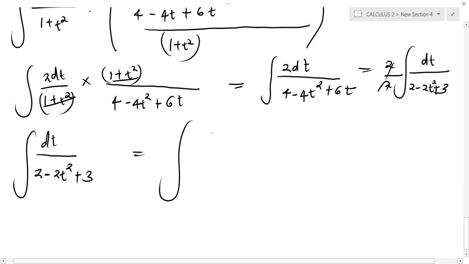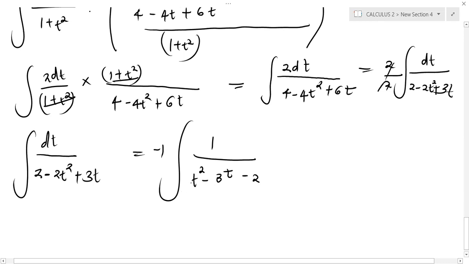This is the integral of 1 over, so I can take out a minus outside. Let's say minus 1 over here, so that I have this as t squared. There's some t that's missing. There was a t here. So t squared minus 3t minus 2.